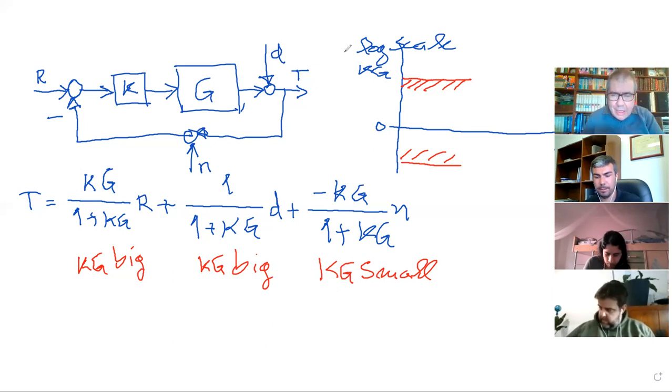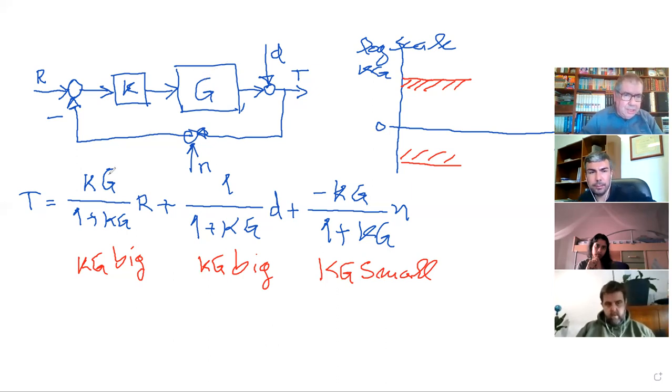Do you have any ideas? Now we have this other play, which is the frequency. What is the noise? If you look at the reference, what is the typical shape of a reference? You have time, and the reference is, say, something which is constant. Then you increase the desired temperature a little bit.